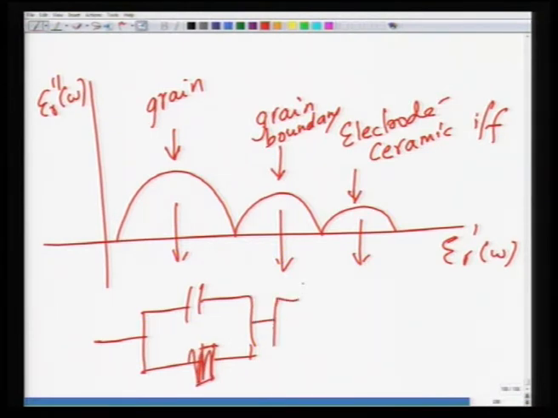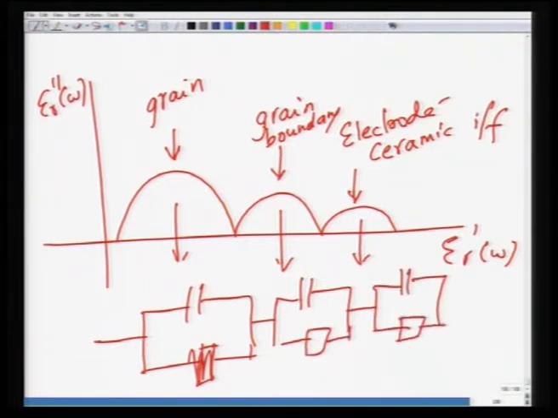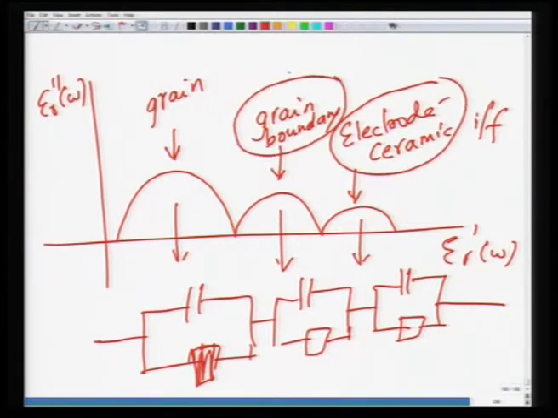One corresponds to grain, another to grain boundary, another to the electrode ceramic. As you can see from the frequency, the electrode ceramic should occur at the lowest frequency, the grain boundary at the middle frequency, and grain should show the bulk effect at the high frequency. If you have these multiple mechanisms present in the material, then you would encounter more than one semicircle.